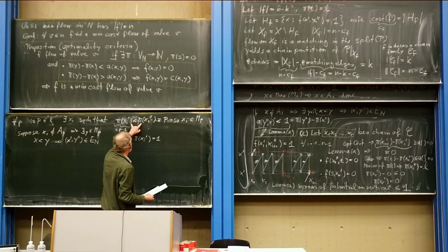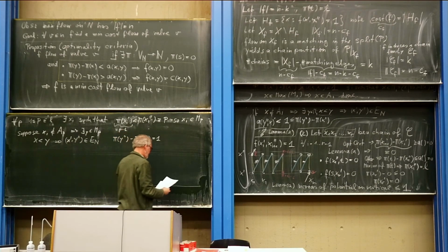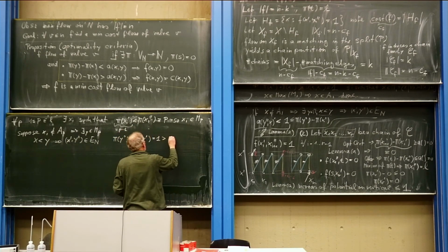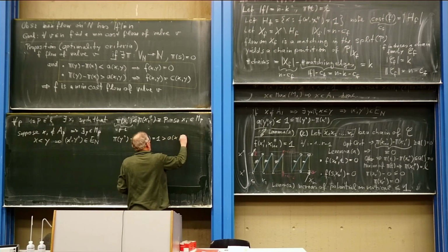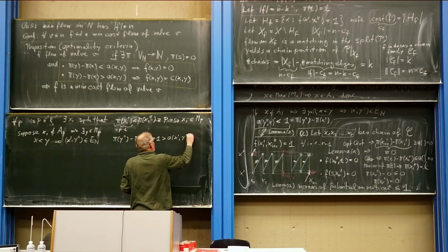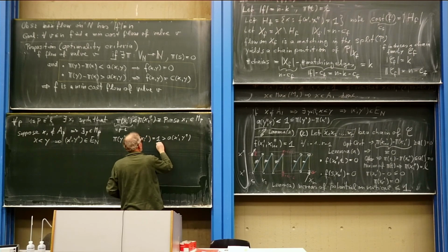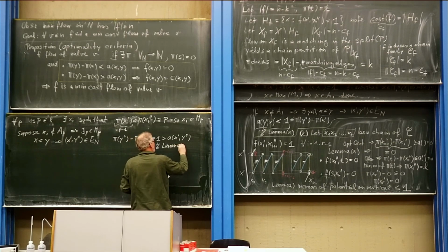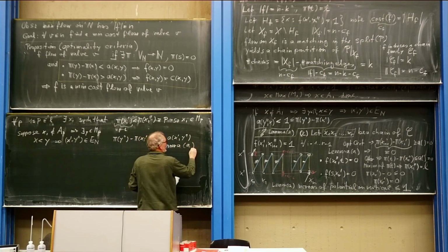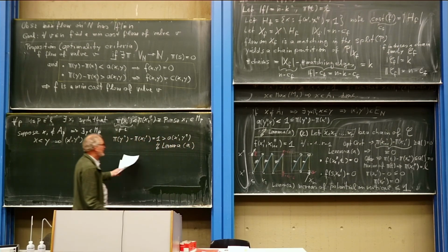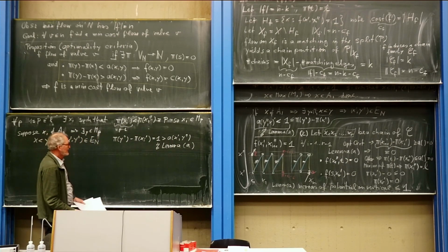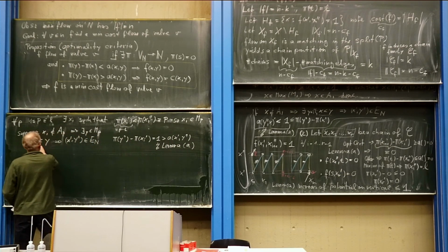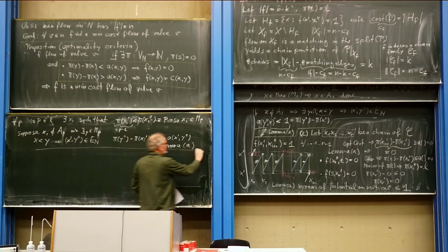Because it's the same as the difference of these two values, and this is now larger than this, and this is a contradiction to lemma A. Yeah, so the very same argument that we just did on the other blackboard.